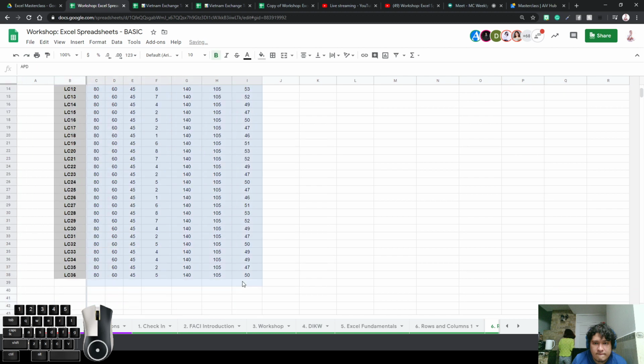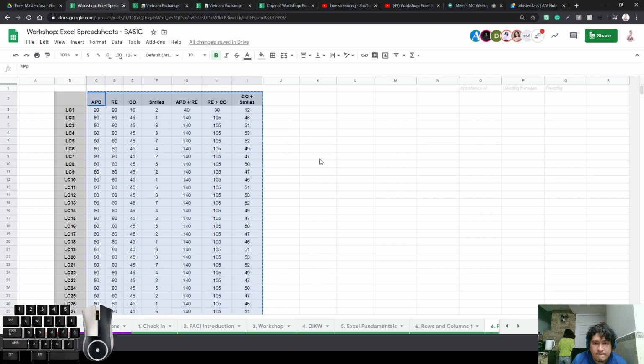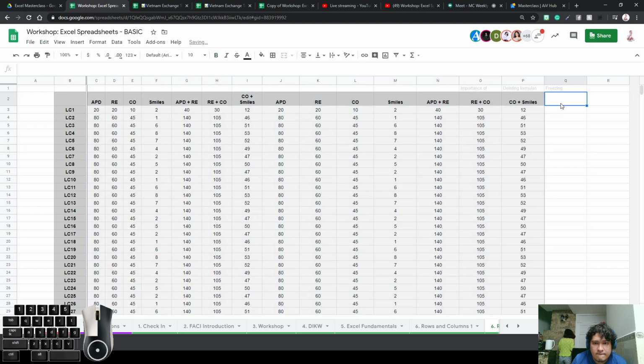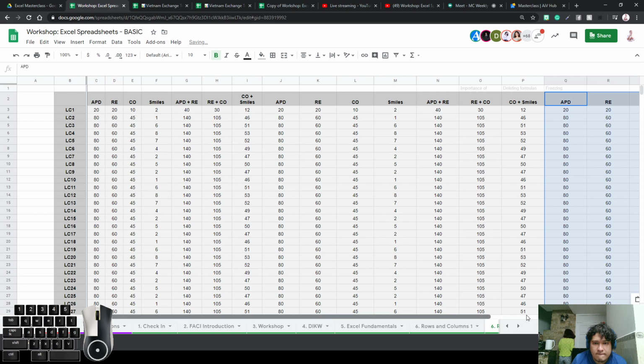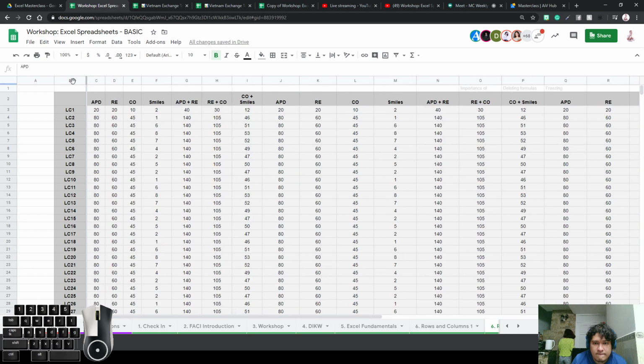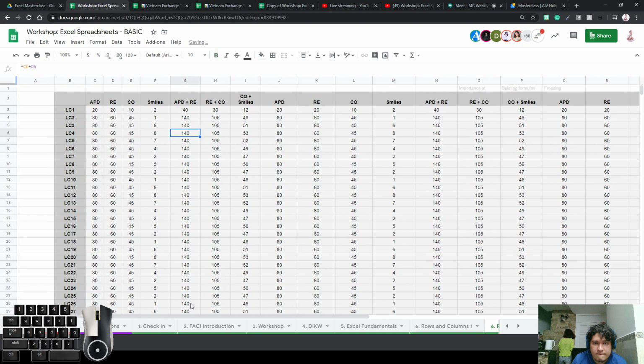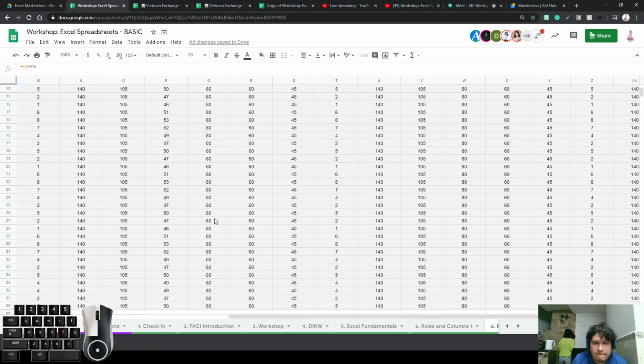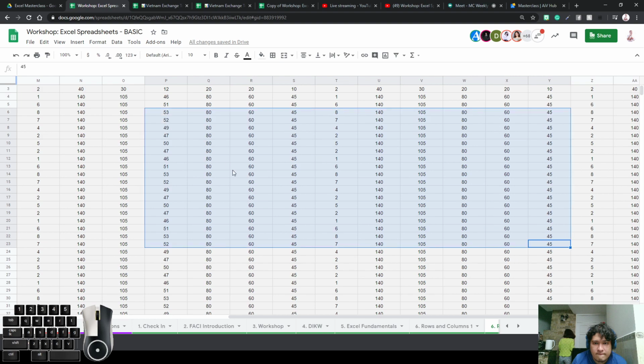So let's say you have a lot of data, a lot. You can see this is a lot. And then if you don't freeze the rows, if you don't freeze anything, suddenly you're gonna be in one part of the sheet where you cannot understand anything, right? You don't know what is what.